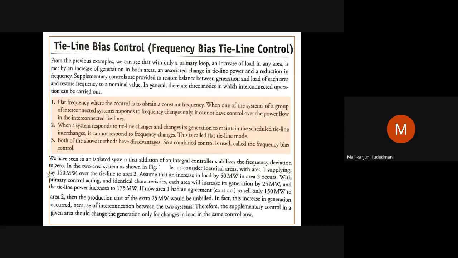Here a case is mentioned. When we have seen an isolated system, meaning an individual system, an integral controller stabilizes the frequency deviation to 0. We have seen in case of ALFC, automatic load frequency controller, working only with the primary loop, which was sufficing only the mechanical substitute of power to the turbine, which would have taken the RPM of the turbine to the steady state, would have matched your megawatt requirement.